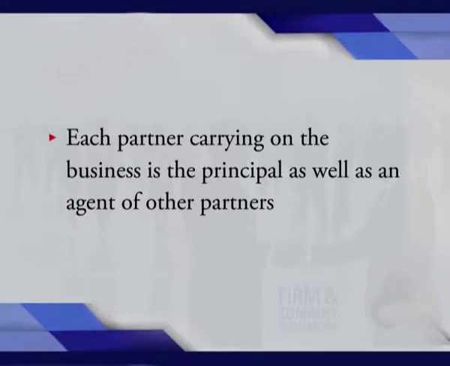Existence of mutual agency, which is the cardinal principle of partnership law, is very much helpful in reaching a conclusion in this regard. Each partner carrying on the business is the principal as well as an agent of other partners. So, the act of one partner done on behalf of the firm binds all the other partners.